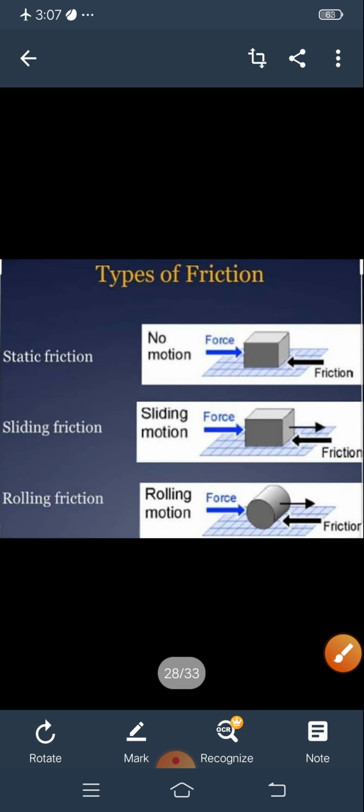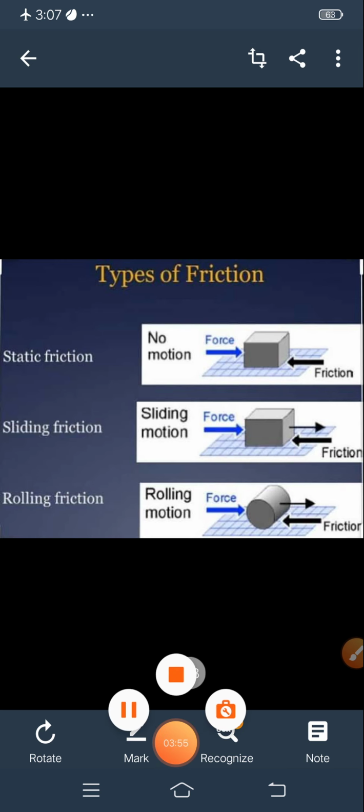See, types of frictions as you know, static friction, sliding friction and rolling friction.